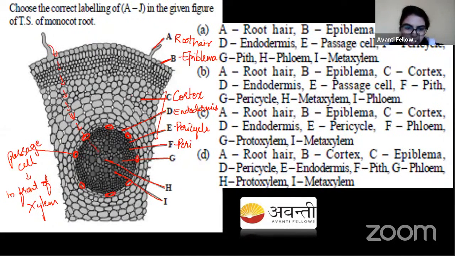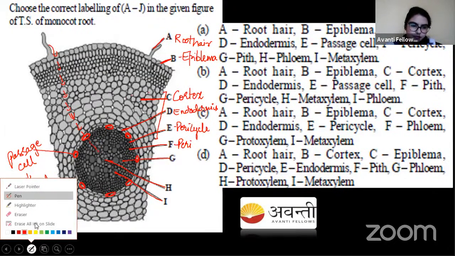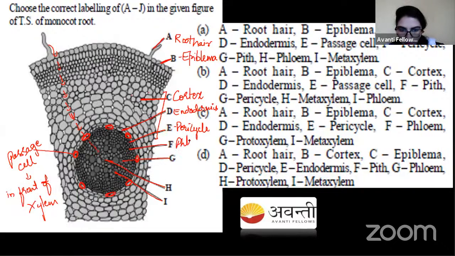Now, this F is actually phloem. Wait guys, let me erase it. So this F is phloem. And this G is nothing but the protoxylem.